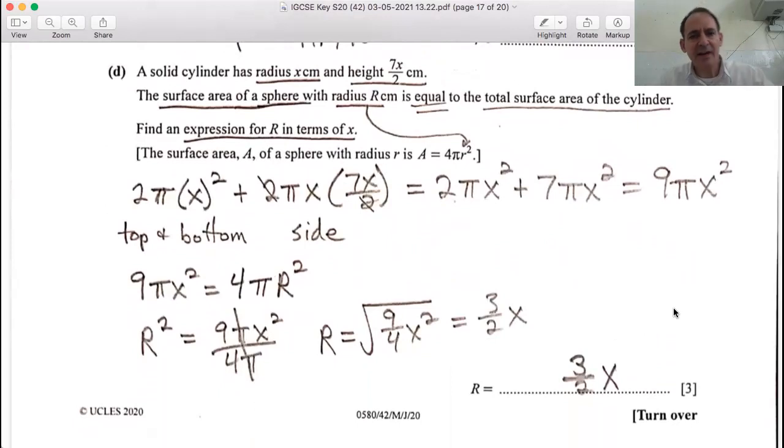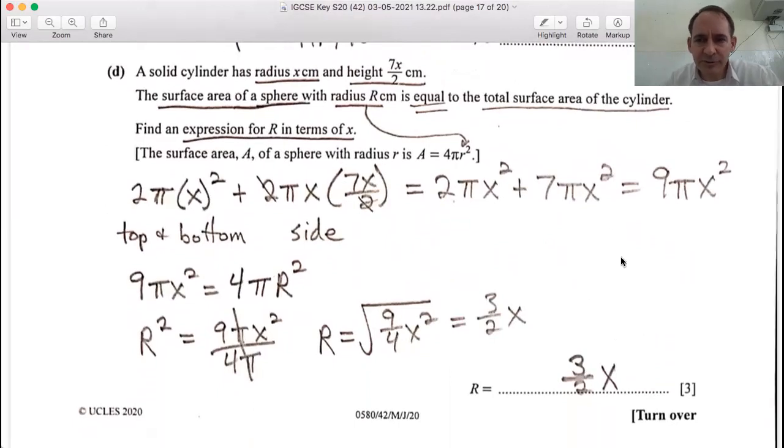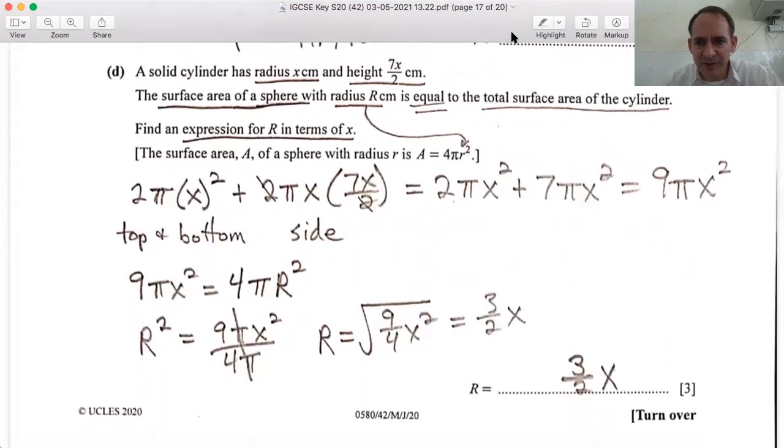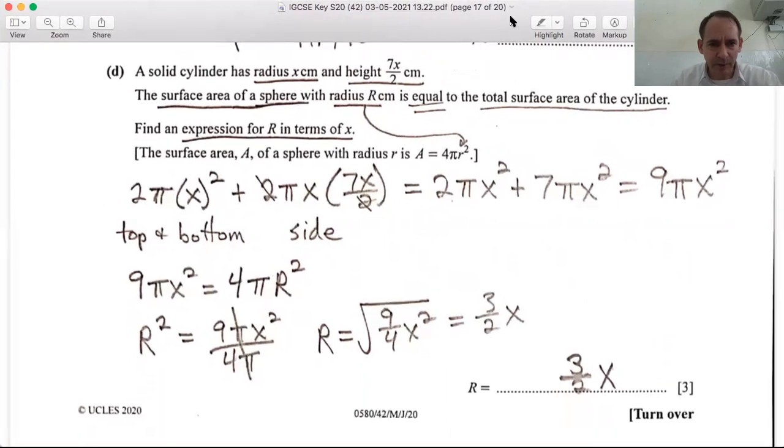The surface area of a sphere with radius capital R centimeters is equal to the total surface area of the cylinder. So here is our total surface area of the cylinder, 2 pi r squared. So pi r squared is a circle.